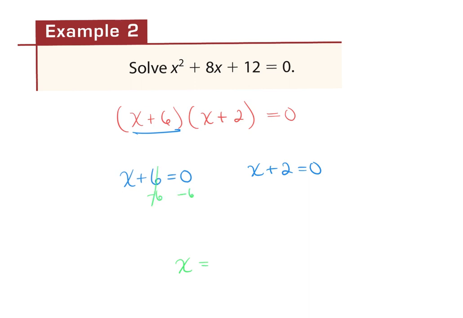Subtract 6 from both sides: x could potentially be negative 6. Subtract 2: x could be negative 2. If I were to go back and plug it in up here, you would find those give me a true statement. Plug in a negative 6 for every x or a negative 2 for every x, you are going to get 0. These are my answers to that problem. So this section is all about solving by factoring.